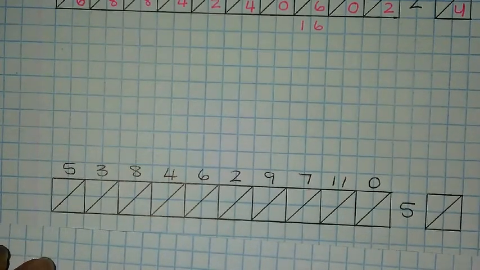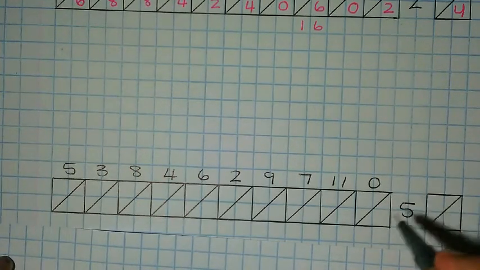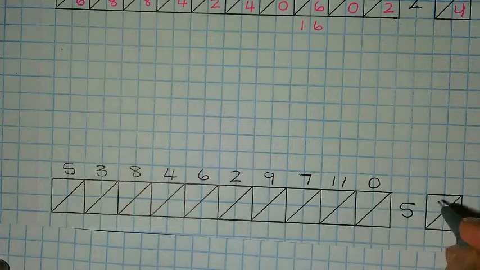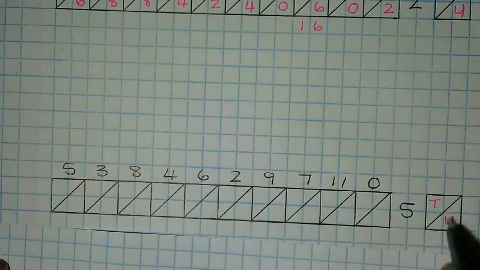I'm just going to do it quick so that you can save time, or you can pause and try it yourself first, and then you can follow my answers. Okay, remember the tens at the top and the units at the bottom triangle.